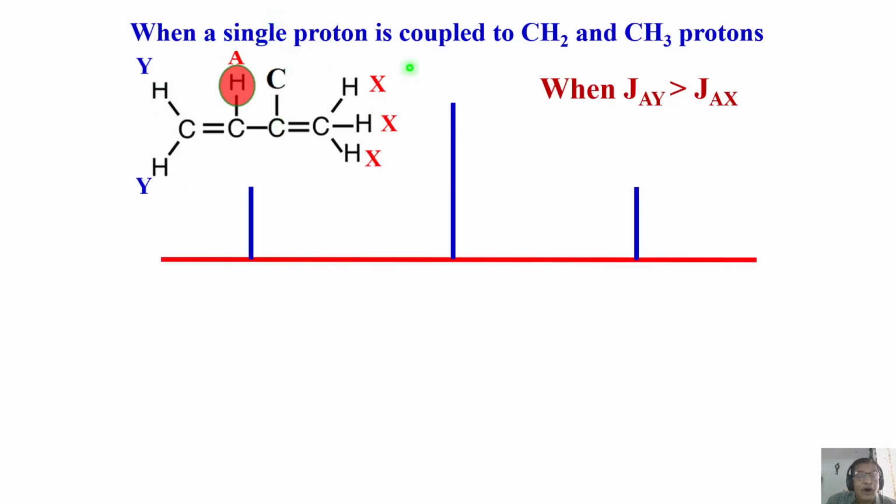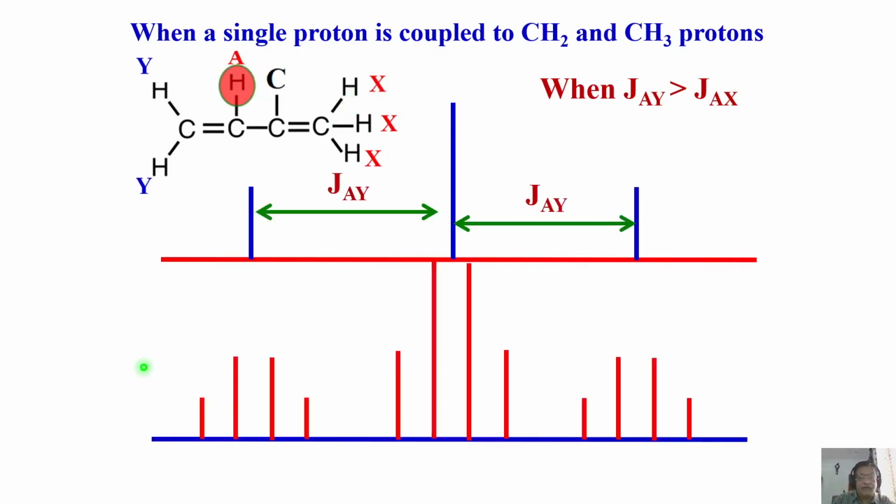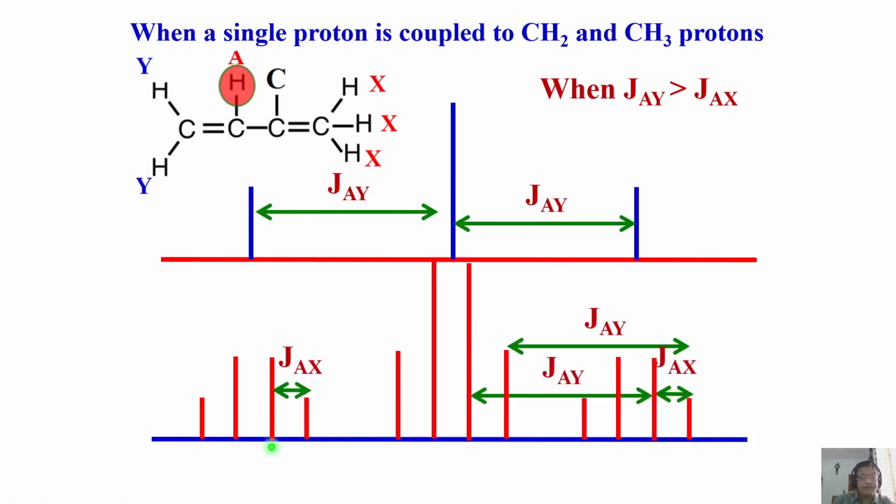Now, this also experiences coupling with the methyl group. So these three equivalent protons split each line of this triplet into a quartet again. The first one is a larger coupling, this is JAY, this is a quartet, a smaller coupling, and this gives you JAX coupling.